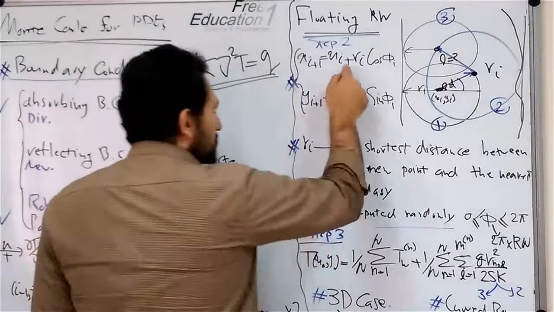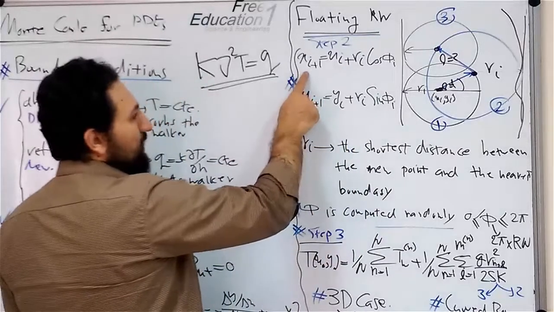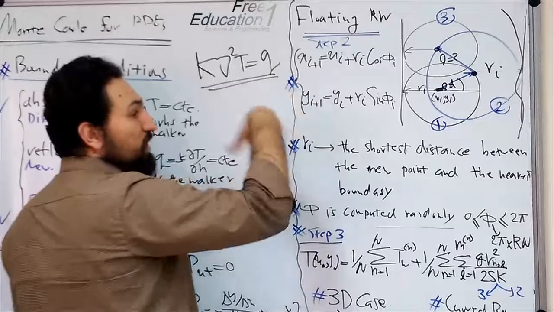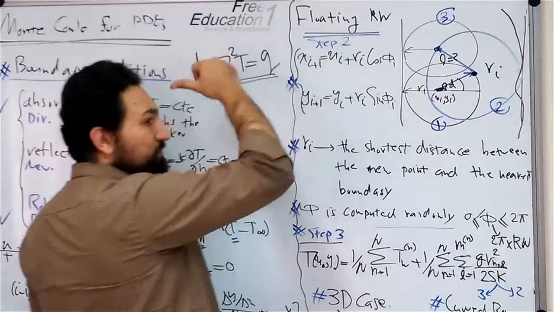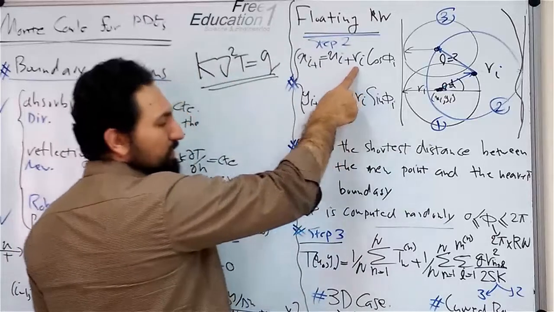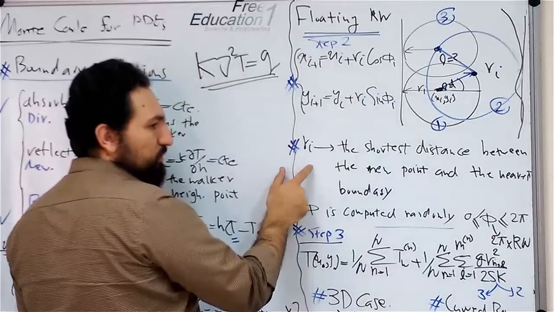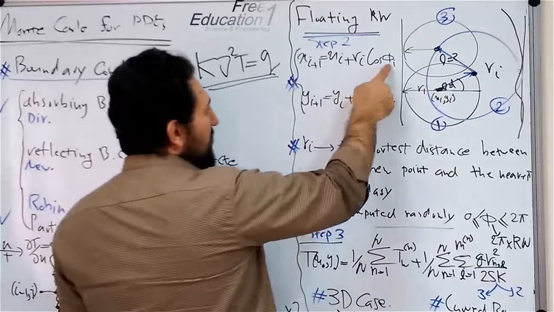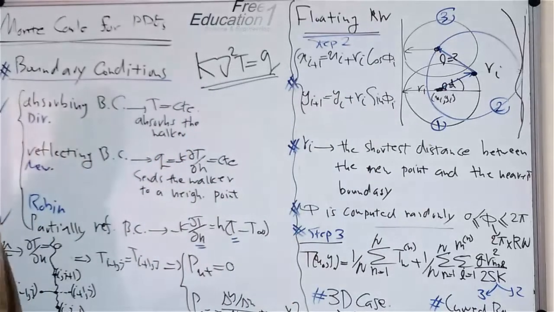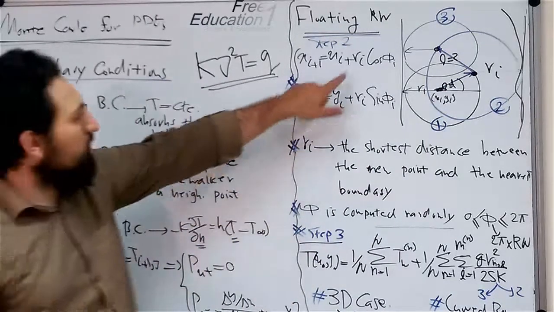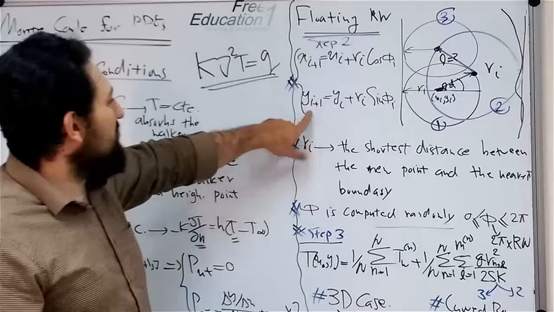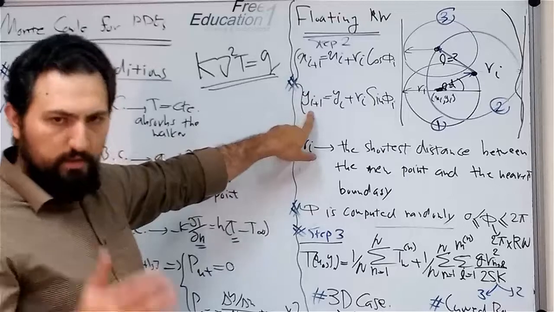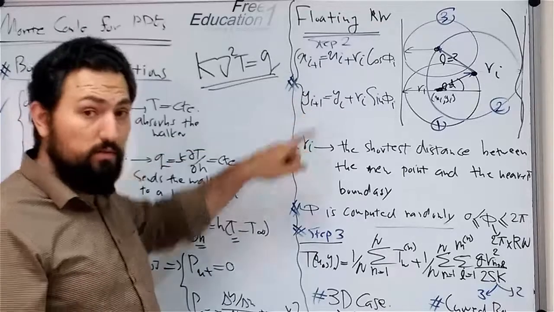Using the polar coordinate relations, x sub i plus 1, the x position of the random walker at the next step, equals the previous position plus R sub i cosine phi sub i. Phi is a random number, but R sub i should be computed based on the geometrical details. And similarly for the vertical position of the random walker at the next step.